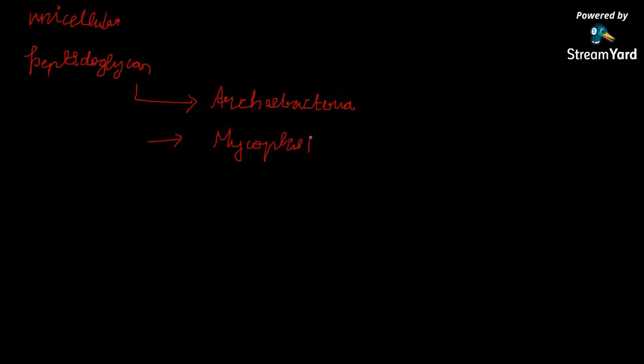These two things we will cover today itself. In these, the cell wall is made up of other constituents, and in all other members of kingdom Monera, it is made up of peptidoglycan.